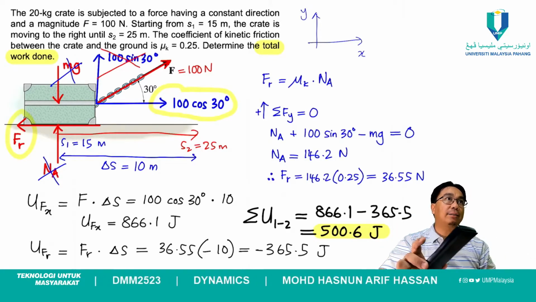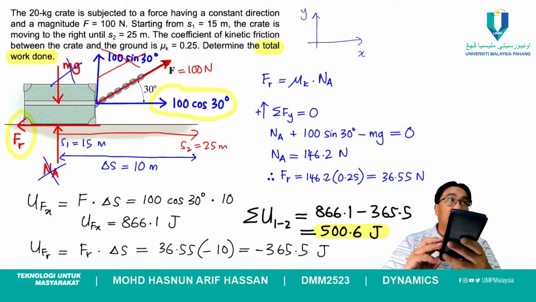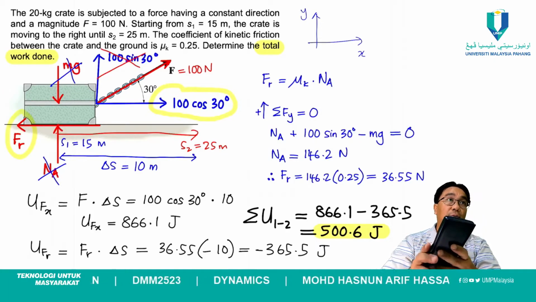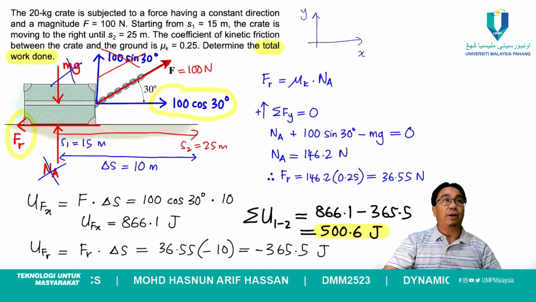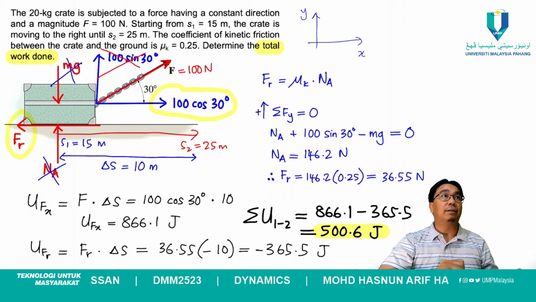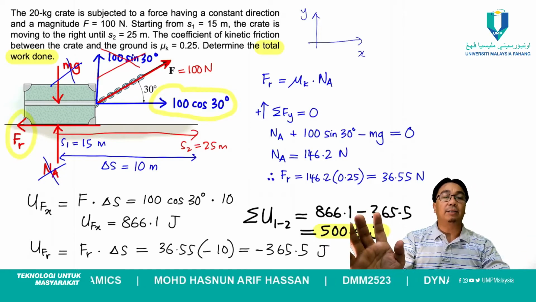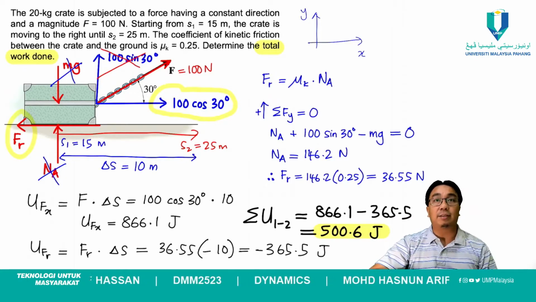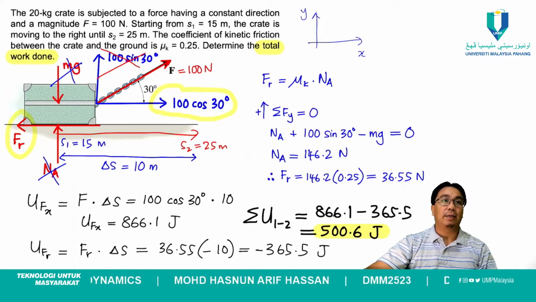So what you are asking is that we do 100 cos 30 minus 36.55, right? Yes, you will get the same answer. So you can do that also, which means you find the force in the x-axis, so you balance out the force to the right, which is 100 cos 30, minus the friction force first, and then you multiply with the displacement. You will also get the same answer. Okay, thank you, sir. All right. Any more questions?